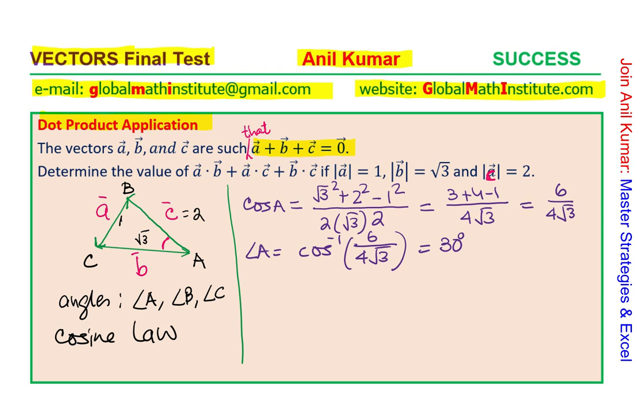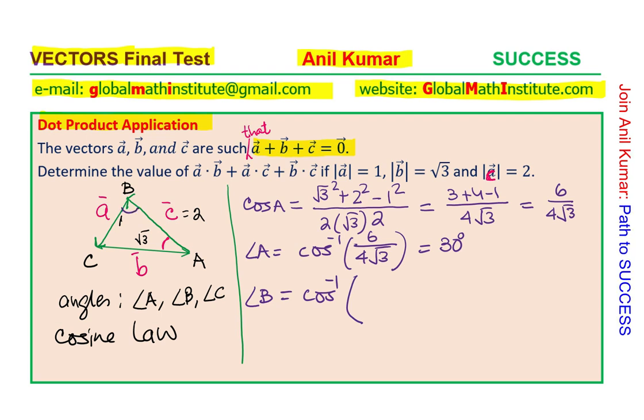Similarly, we can find angle B as cos inverse of, when you're talking about B, 1 squared plus 2 squared minus square root 3 squared, divided by 2 times 1 times 2.